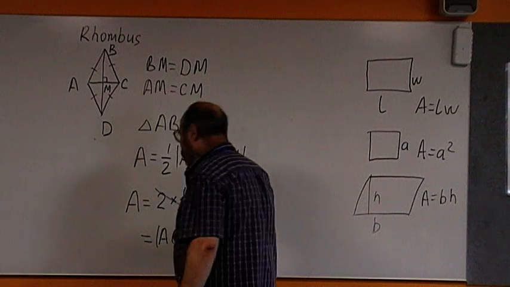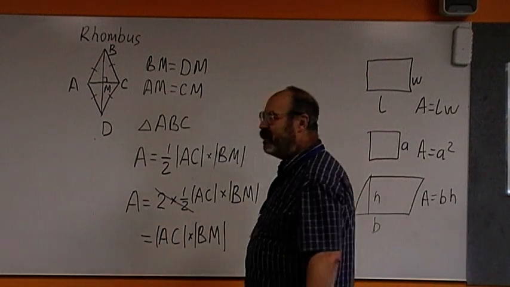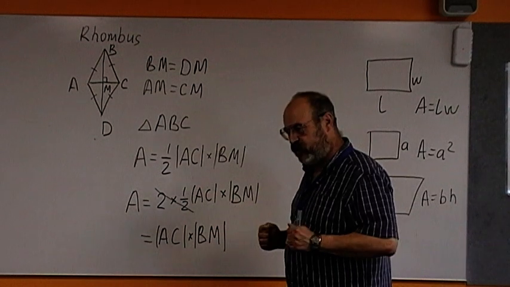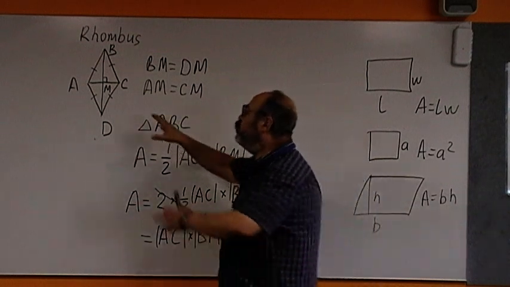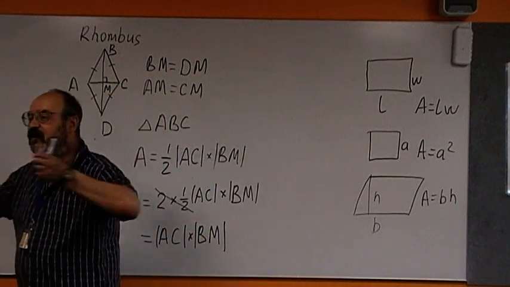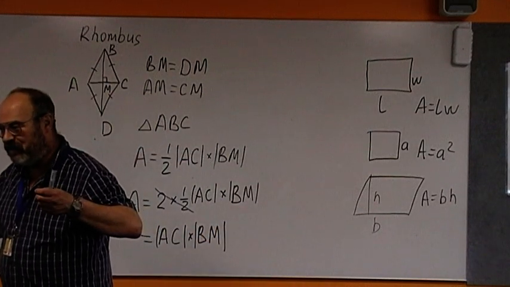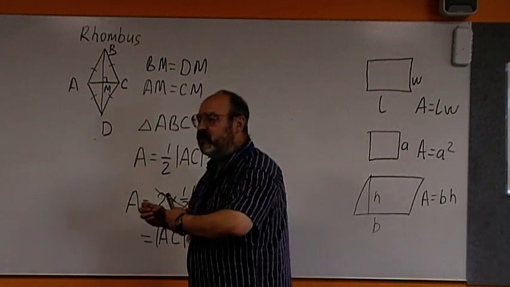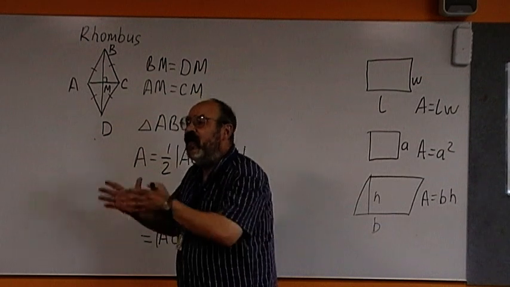Why are there lines over AC? The lines represent its length. You cannot multiply by the line; you can multiply by the length of the line. So we use those lines to represent that we multiply not by the line, but by the length of the line.